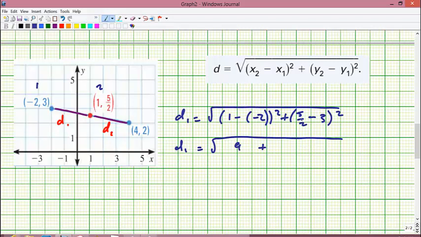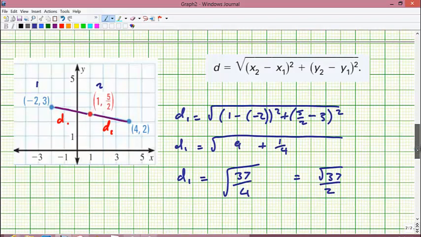That's minus a half. Squared is 1/4. Square root of 9 1/4. That's a square root of 37 over 4, which equals root 37 over 2. I'll leave it in that format because otherwise it's going to require rounding.